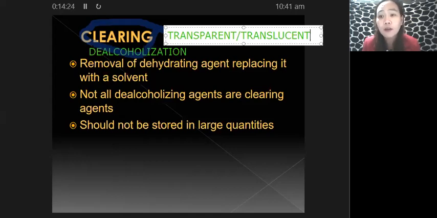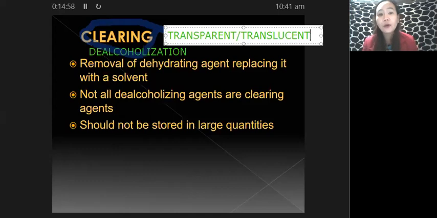For electron microscopy, we make use of a beam of electrons. Ayan. So if you do not make your tissue sample transparent or translucent, they will appear as opaque areas, and so you will not be able to clearly see the details which are supposed to be examined or observed by the pathologist.